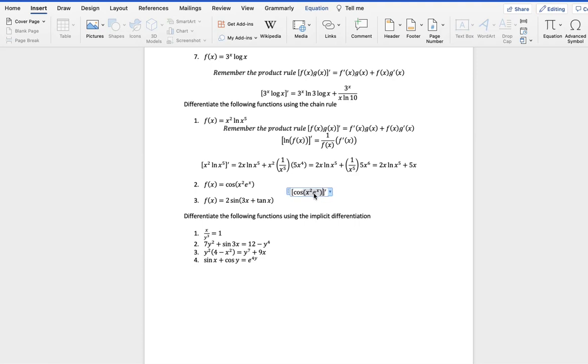What did you get? Negative sign, x squared times e exponent x, and then times 2x, 2x times e exponent x plus x squared times e exponent x.